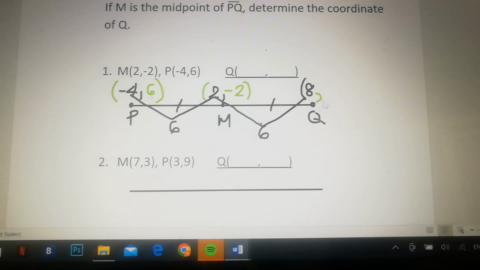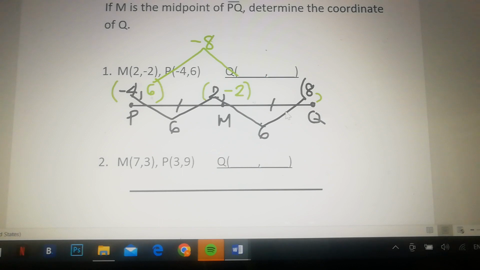Next is the y coordinate. Since your midpoint is at 2, negative 2, we will make use of the difference, negative 2 minus 6, which is equal to negative 8.